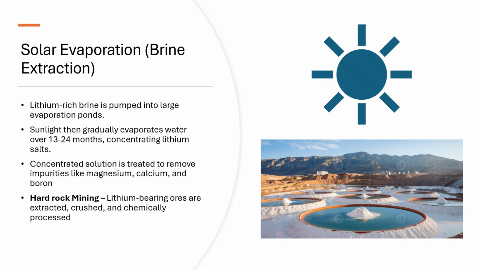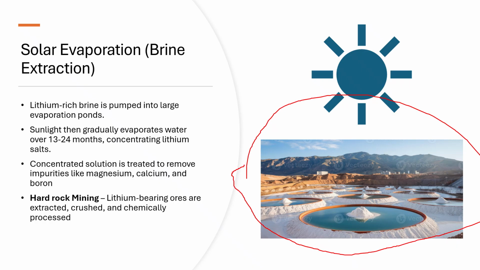One of the traditional methods of brine extraction involves solar evaporation. This image here in the bottom right corner of the slide is essentially a pool, a reservoir of the evaporation method they use to extract the lithium from the brines.